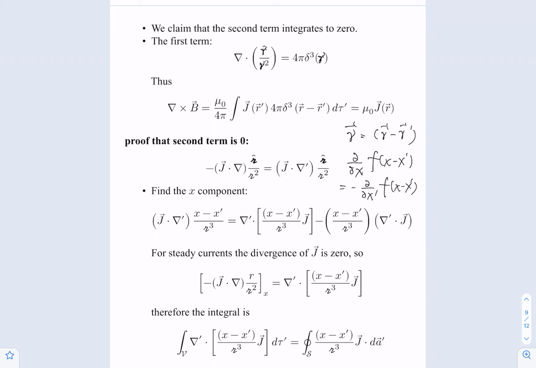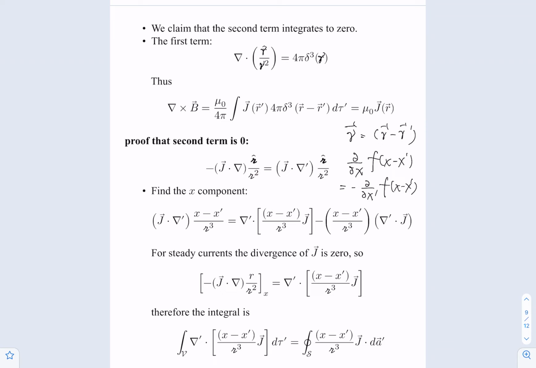Here, this is a three-dimensional vector quantity, so let's find out one of the components first, and the others will be similar. Say that we find the x component. Because we write this as x minus x prime, on the bottom it should be a separation vector cubed instead of squared.